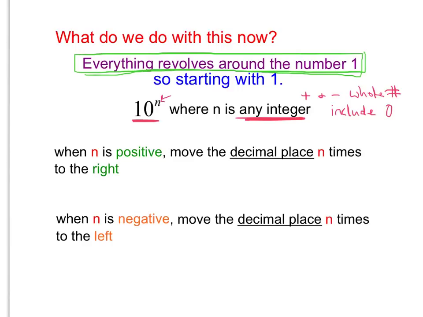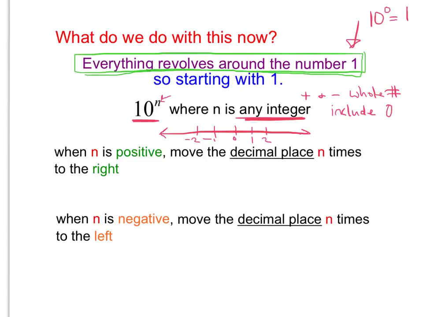If I point an arrow to 1, 10 to the power of 0, what does that equal? Well, we know that equals 1. So if we think of 0 as being the middle of a number line, so if we draw our imaginary number line here, we have 0, negative 1, 1, 2, negative 2, and so on and so on. So 0 is our middle, so everything else revolves around the number 1.